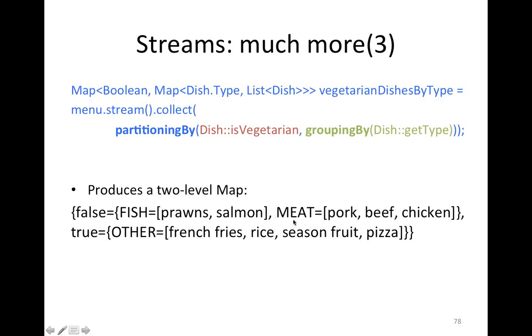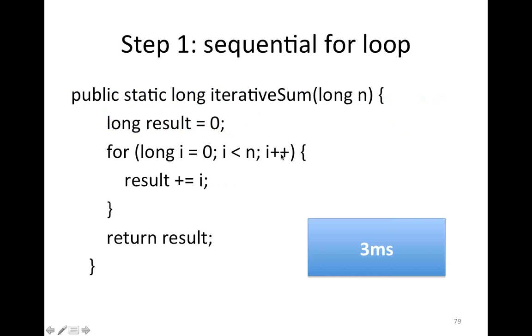So we'll have fish: prawns and salmon. Then we have dishes of type meat: pork, beef, and chicken. And then the key true is about dishes that are vegetarian. So those would be French fries, rice, seasonal fruit, pizza, and so on. So we've built a nested map. So the Streams API is a lot of fun, and you can build a lot of advanced queries.